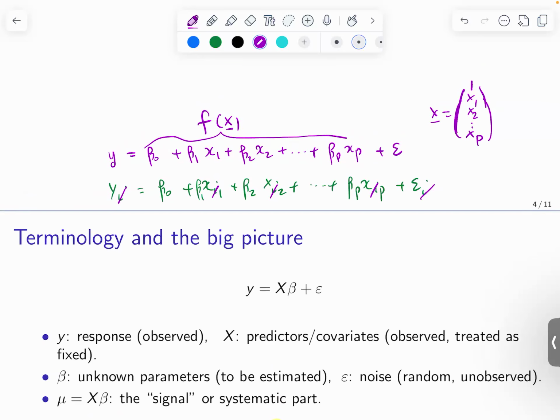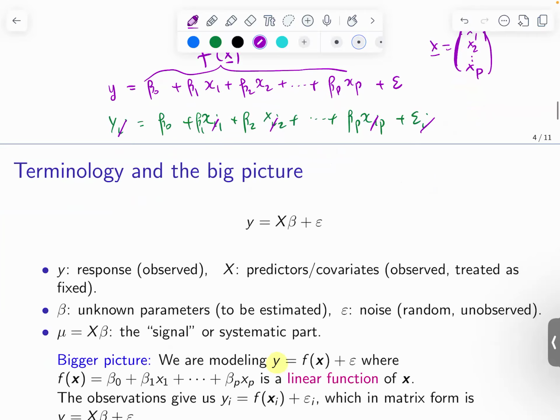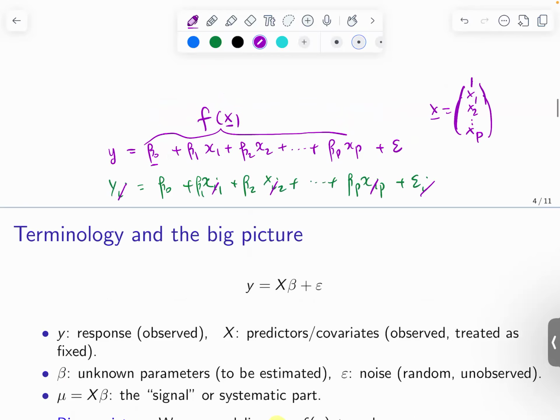So y is really a function of x plus epsilon, and that function is linear. Linear in the sense that it's linear in x, or to be honest, it's affine because of this. It's going to be linear in this x if I put 1 in there, and if I don't put 1 in there, it would be affine.